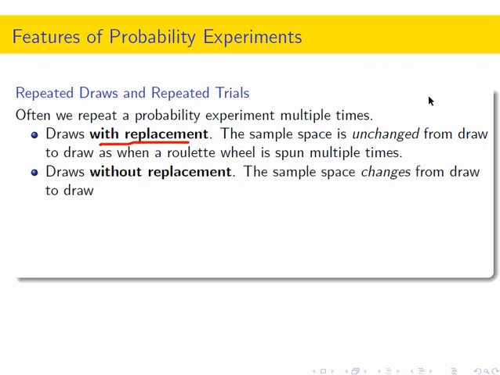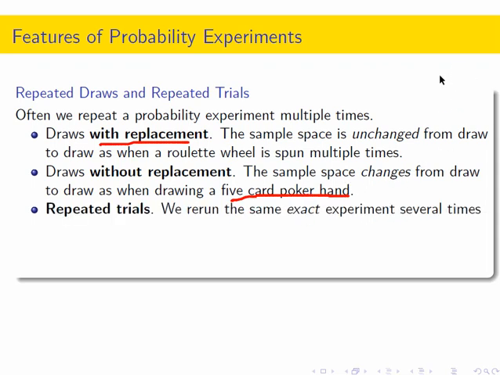When we have draws without replacement, the sample space changes from draw to draw, like when you're drawing a card. If we draw 5 cards into a poker hand, obviously the probability of getting an ace on the second draw is different than it is on the first draw, mainly because the denominator will be different. There are 52 choices when I pick the first card, but there are only 51 cards left when I pick the second card in the hand.